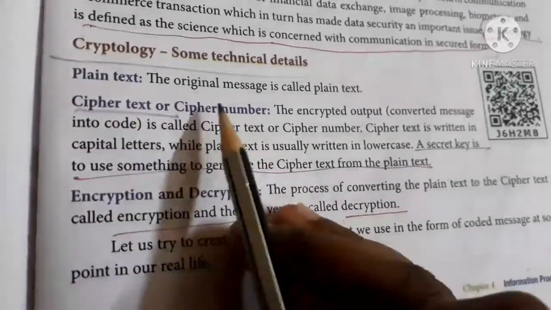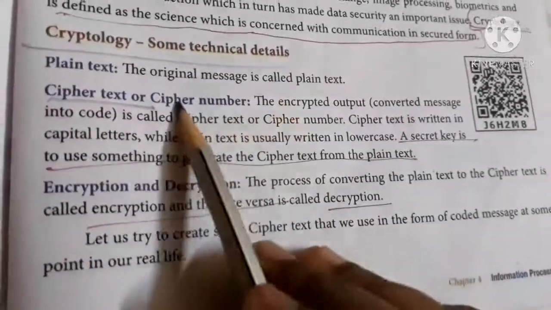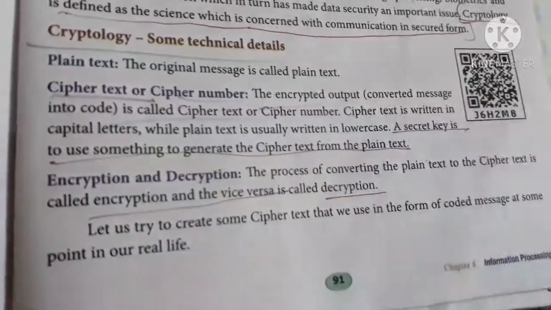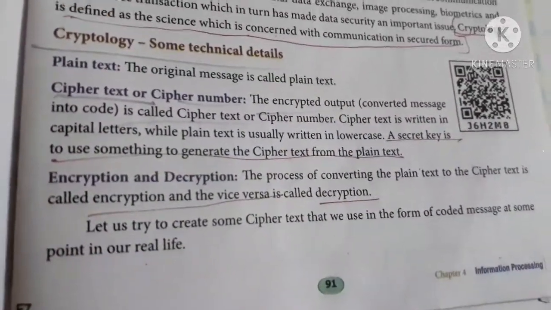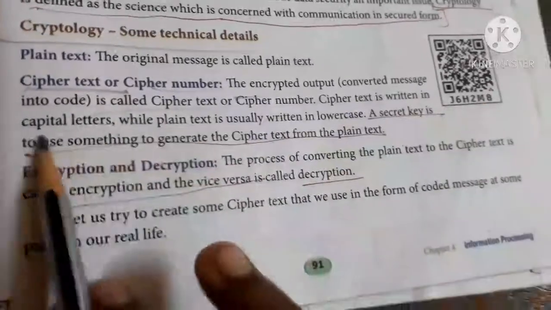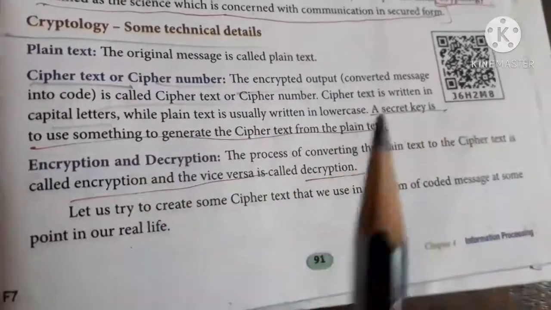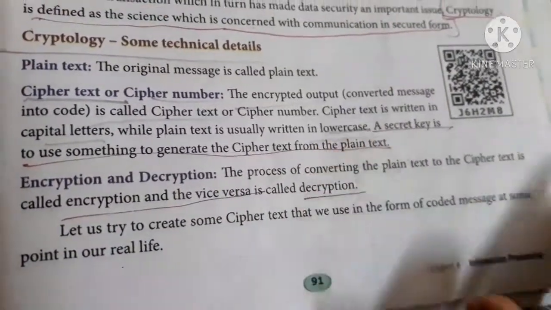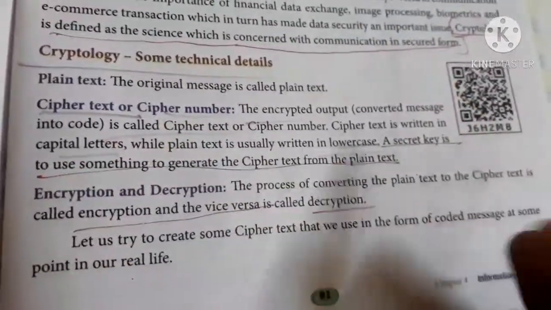So cipher text, okay, cipher text abdina, or cipher number we can say. The encrypted output is called cipher text or cipher number. Cipher text is written in capital letters, while plain text is usually written in lowercase. Lowercase na normal letters, the small letters we'll say, and capital letters means the big letters.